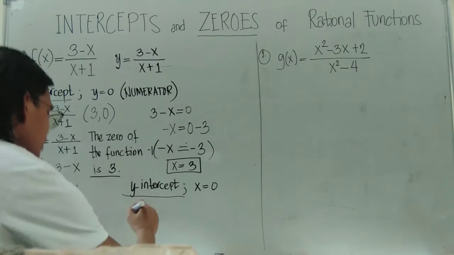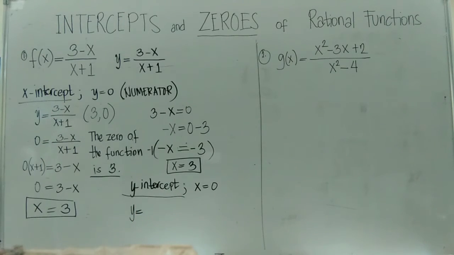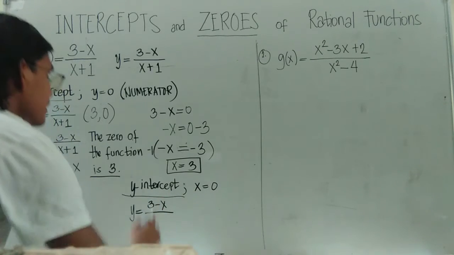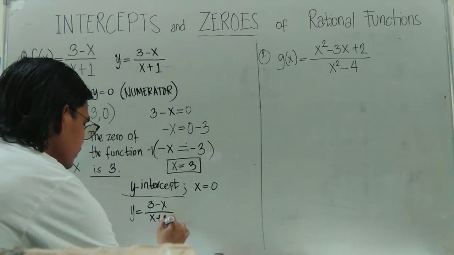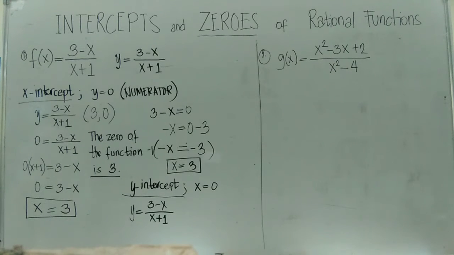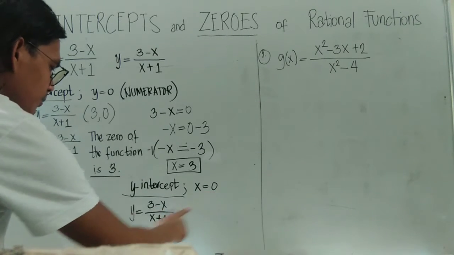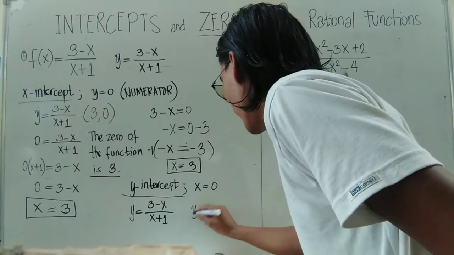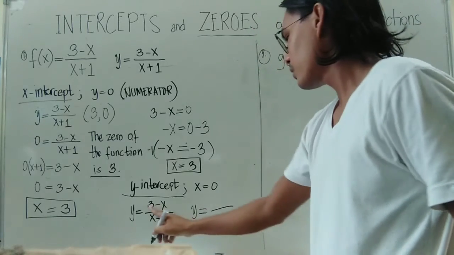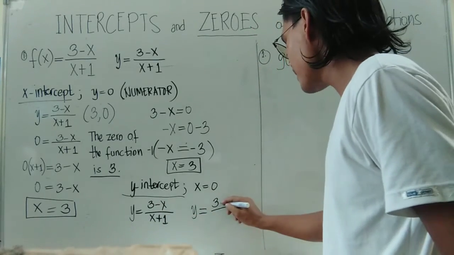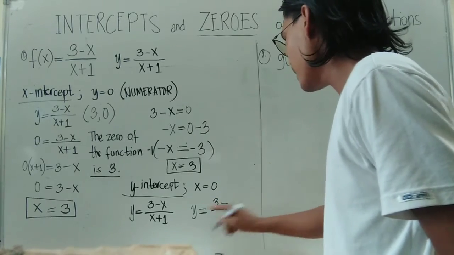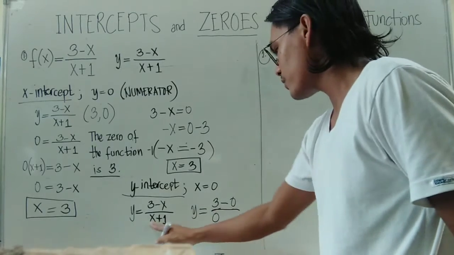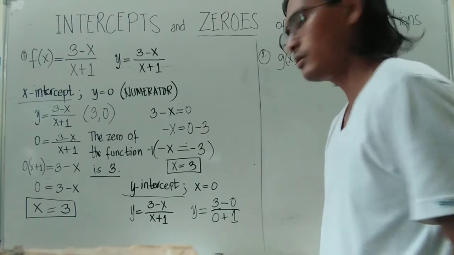So we have here y equals, copy your rational function 3 minus x over x plus 1. Then substituting 0 as a value of x to your function. So we have y equals 3 minus, so again the value of x is 0, then the value of x is 0 plus 1.